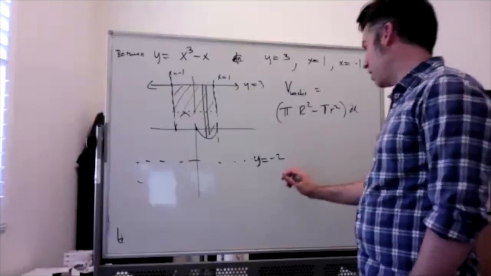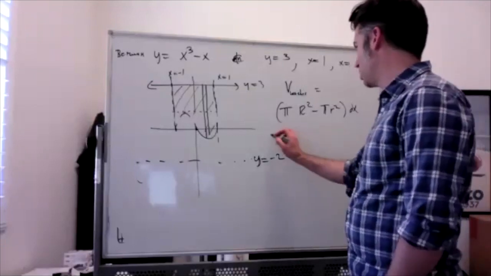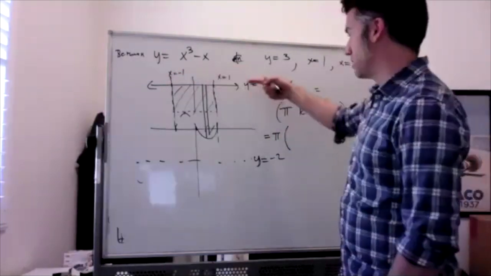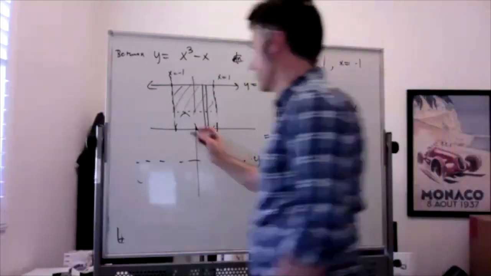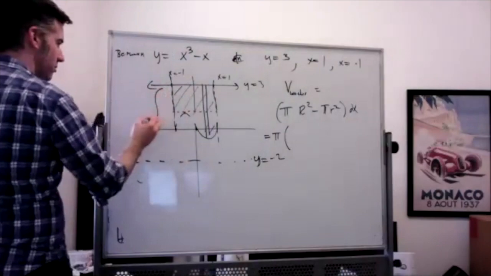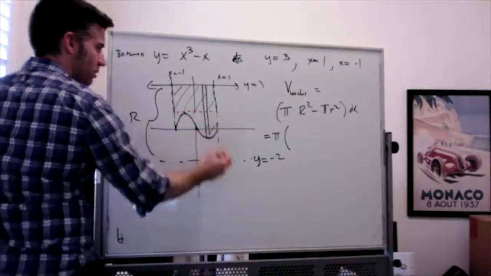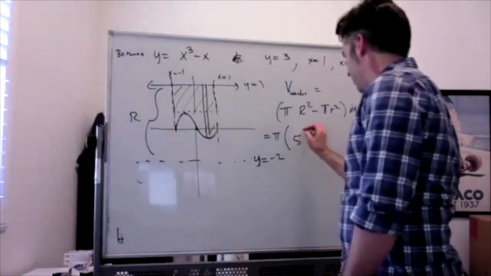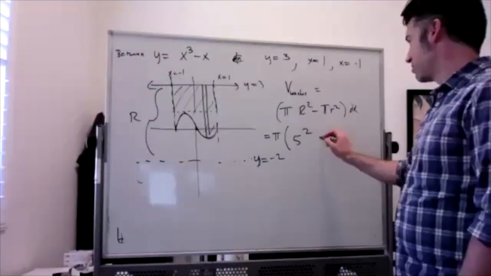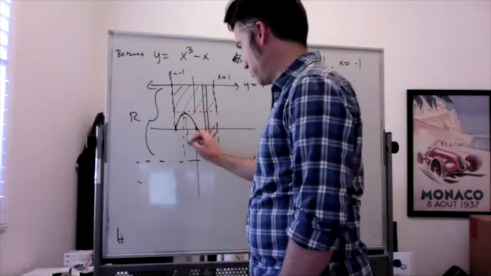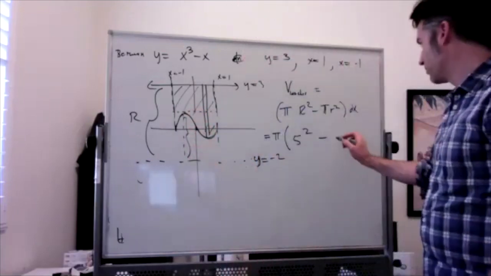So this would be pi, let's factor out the pi. The large radius is 3 minus -2, which is 5. And my small radius is the function minus -2.